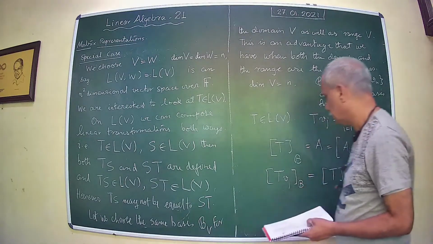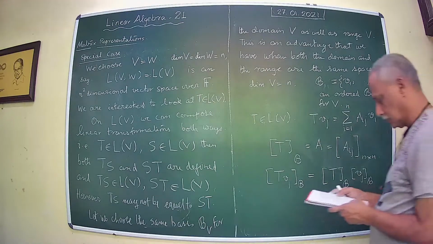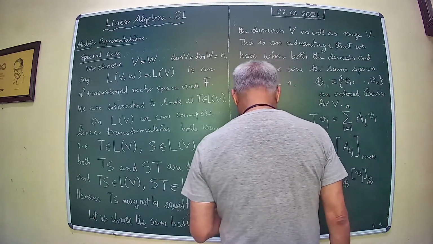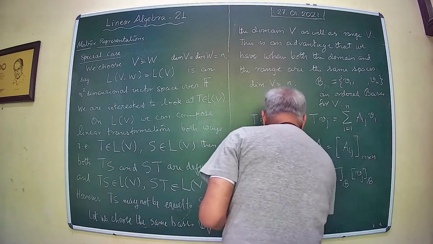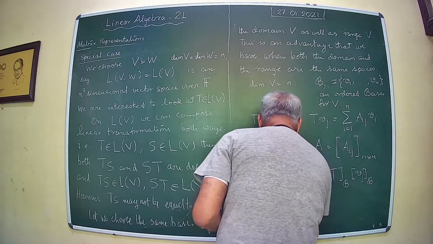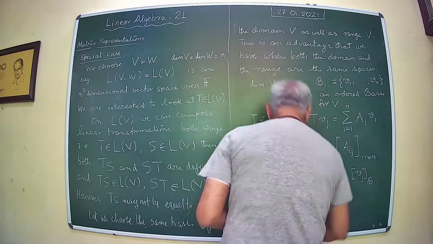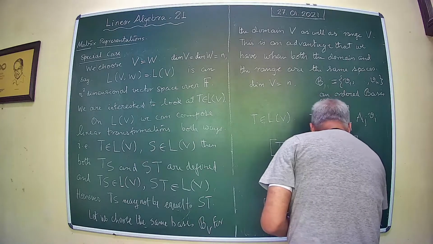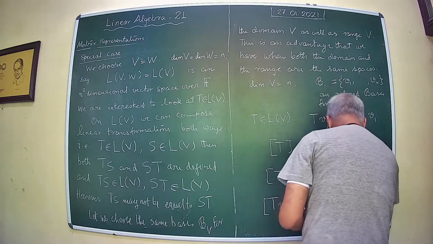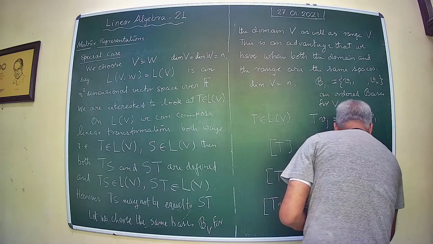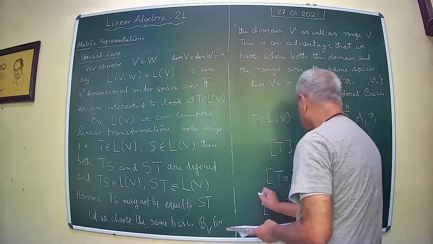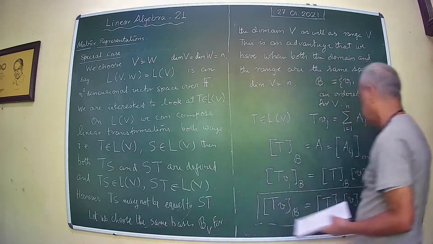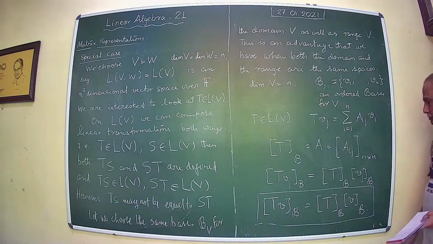Now see that, therefore, T(v) with respect to the basis is given by this, something you can easily do.